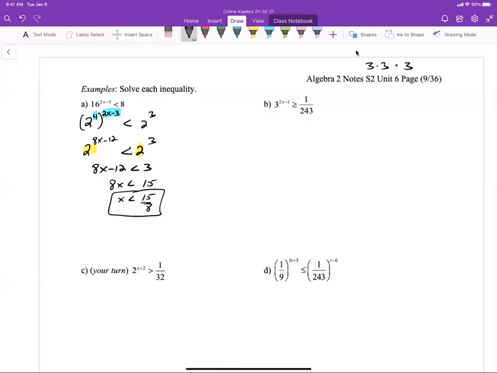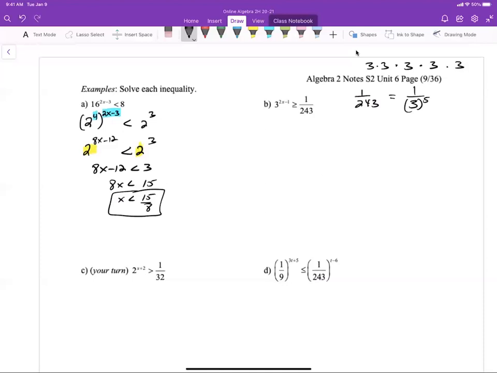Okay, so 27 times 3 is 81. And then 81 times 3 is 243.